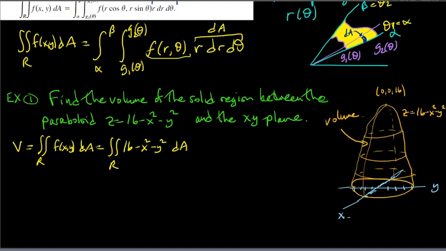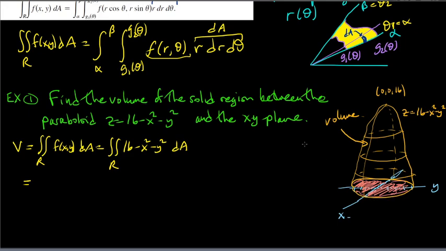And of course, we can calculate this in rectangular coordinates using Fubini's theorem. So what's the region R here? Well, it's just this disk, this entire disk down here.